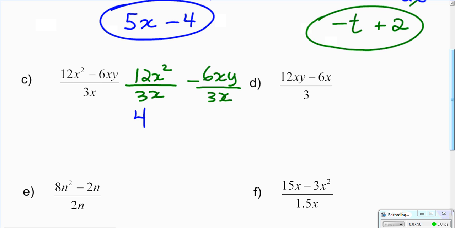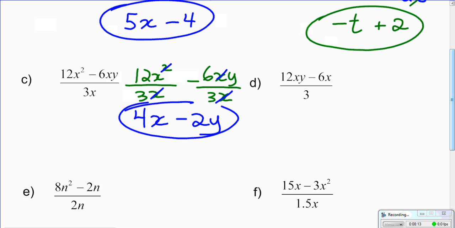X squared divided by x to the 1 gives us an x. Negative 6 divided by 3 gives us negative 2. The x's cancel and we're left with 1y. So 4x minus 2y. I'm going to ask you to do D and F and E on your own, and we will double check those in class tomorrow.